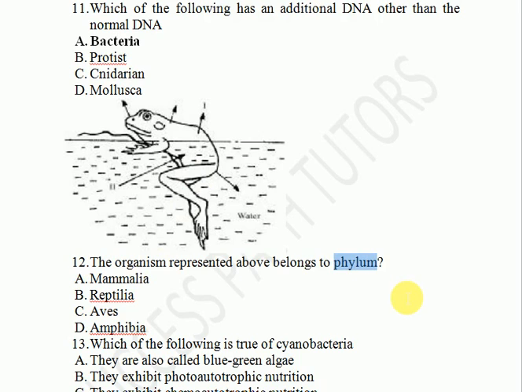This organism belongs to phylum Chordata. Under phylum Chordata we have different classes. The class this organism belongs to is Amphibia. I hope you're able to take note of the correction.